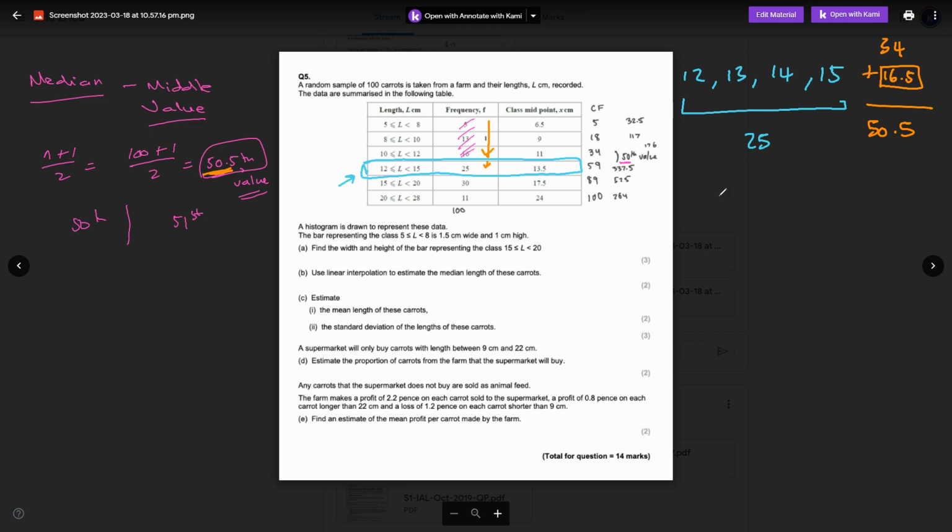So that means that if I have 25, which is my total, let's say this length represents 25. Then by the time I finish the 25, I'm moving on to the next interval.